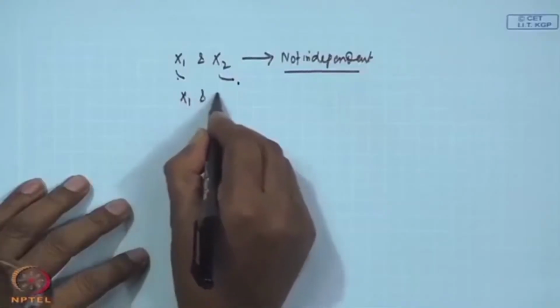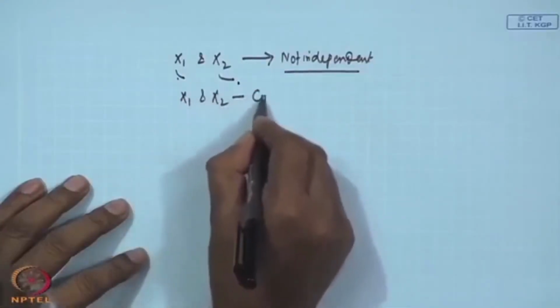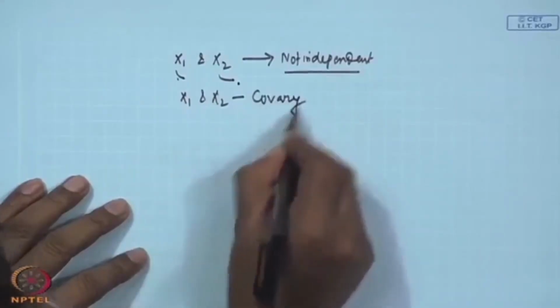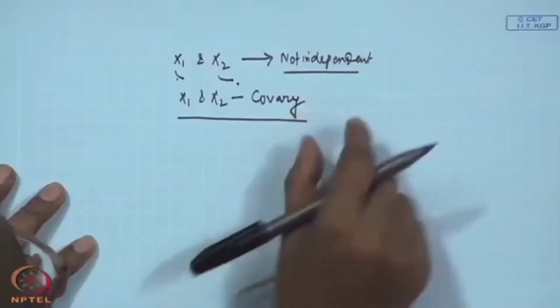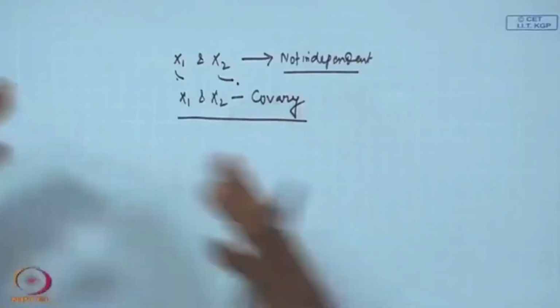Their simultaneous variability is known as x_1 and x_2 co-vary. If they co-vary, there is covariance, meaning association between the realized values of x_1 and x_2.